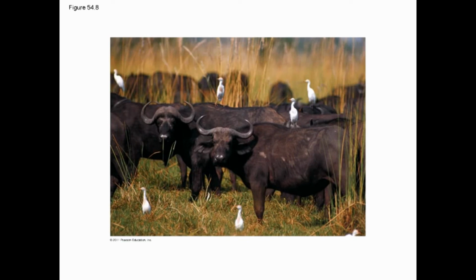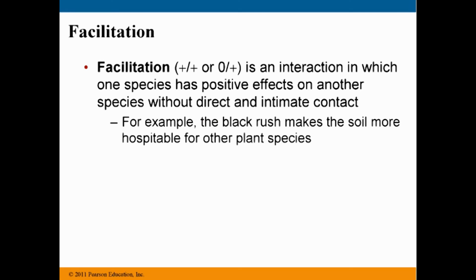Okay, so this is an example of commensalism. The birds and the oxen go hand in hand, and it's not quite sure as to what the benefit is to both of these.